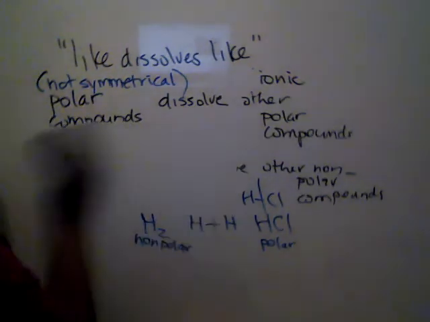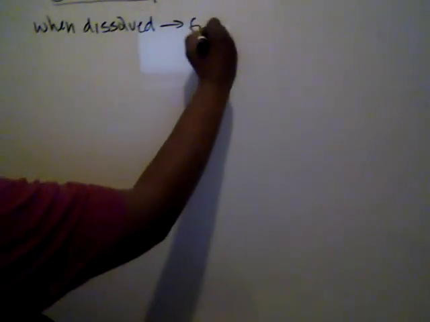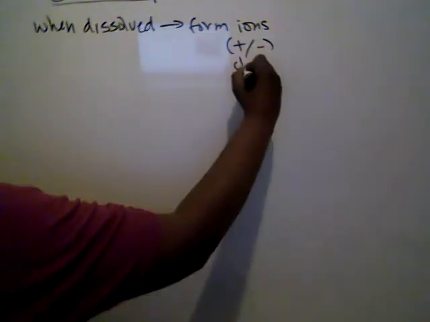Okay. Now, the other thing we need to talk about for this section are electrolytes. So electrolytes are compounds that when dissolved, they form ions. And ions are things with just plus or minus charges.